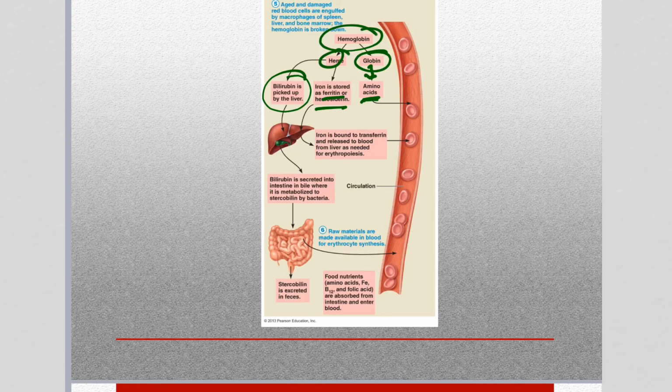It helps with bile production. Basically, what ends up happening is bilirubin is what gives your feces its brown color. So it's a brown-like pigment. That's a result of the hemoglobin being broken down. It's first broken down into what we call biliverdin, and then the biliverdin gets converted into bilirubin.